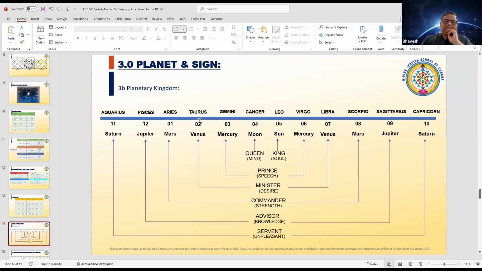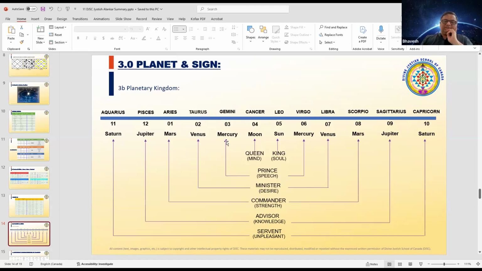In the same way, Venus for Taurus, Gemini holds Mercury. Mercury is the home for Gemini. In the same way, Moon is home for Cancer. The Leo sign is owned by Sun, and the Virgo sign is owned by Mercury again.